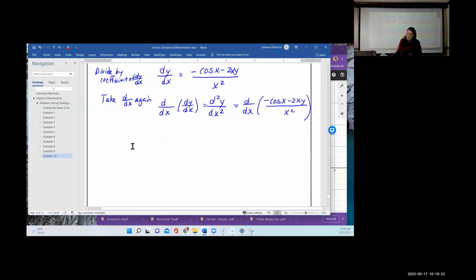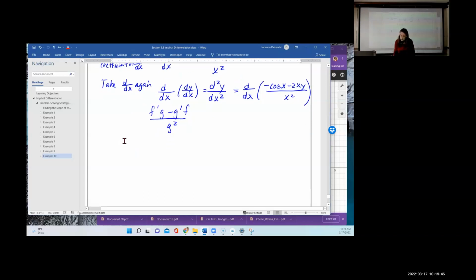So our next step, once we have this, is we're going to apply the quotient rule. So the quotient rule, remember, is f prime g minus g prime f over g squared. So we're going to take the derivative of the numerator times the denominator minus derivative of the denominator times the numerator over the denominator squared.